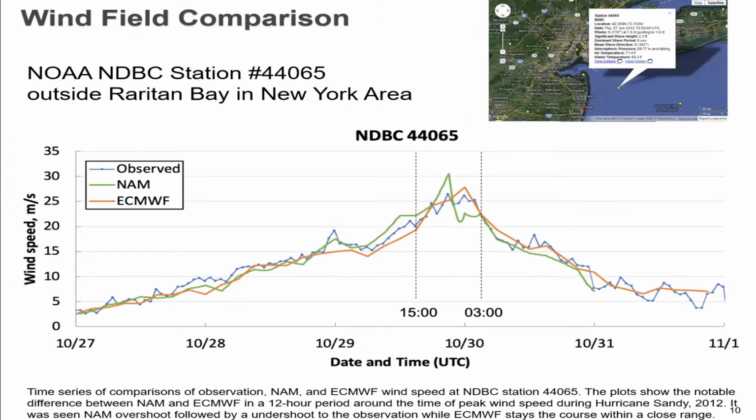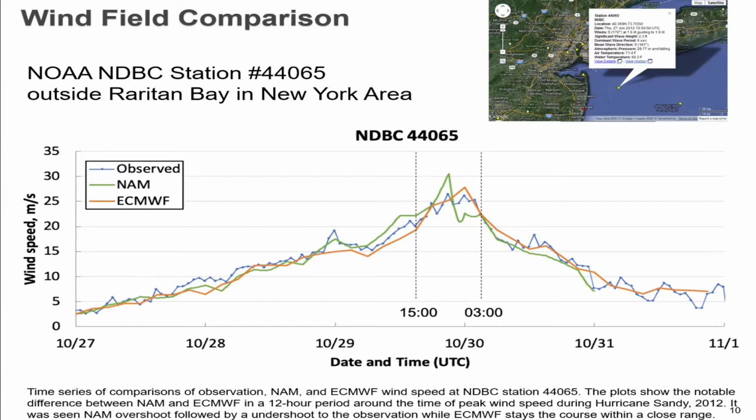The wind forcing is crucial, and we are using two atmospheric model fields available. One is NAM, North America Mesoscale, the North America medium range atmospheric model. And then ECMWF is the European Center for Medium Range Weather Forecast.